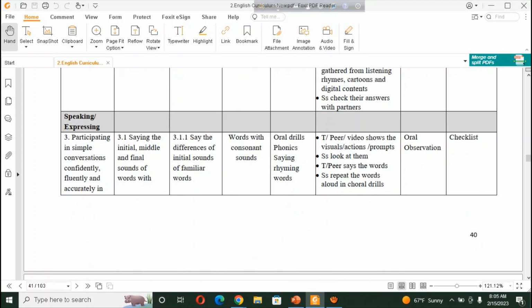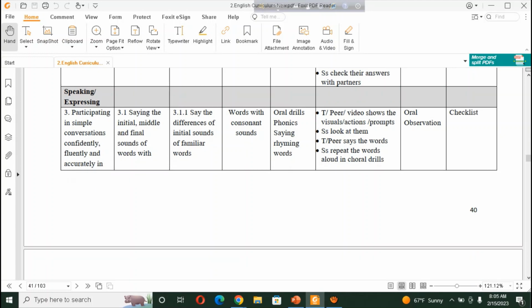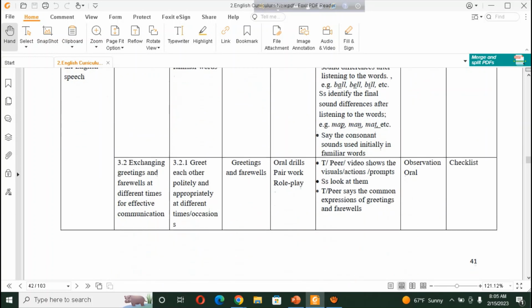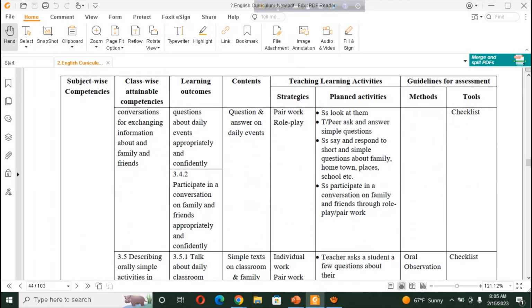For speaking 3.1, say the differences of initial sounds of familiar words. For this we have techniques: oral reading, phonics, saying rhymes, words, etc. And in such a way gradually it was developed.